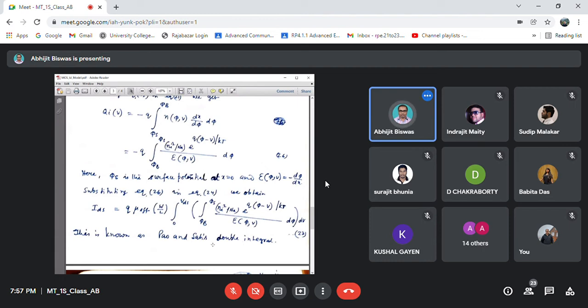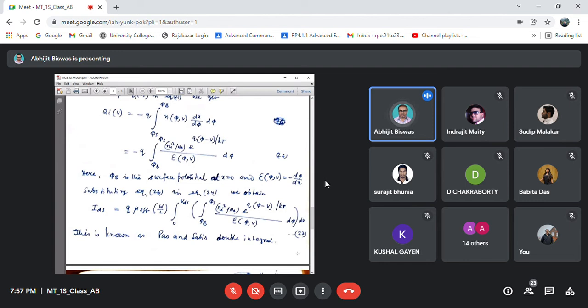This integration is over V dV, and the inside integration is over phi d phi. The lower limit here is phi b, and the upper one is phi s. So it is a double integral. This double integral is known as the Pao-Sah double integral to determine the drain current.